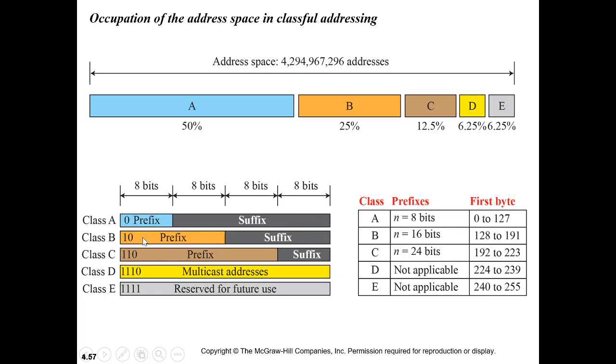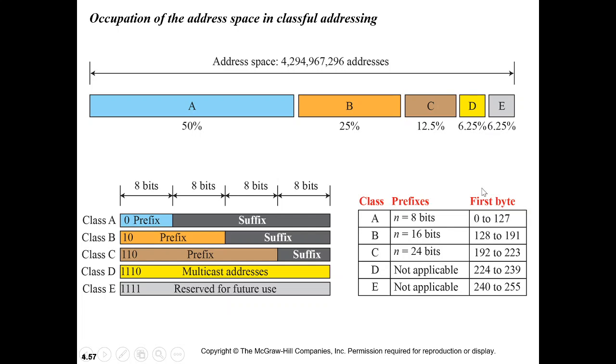In class B, 2 bytes represent the prefix and 2 bytes represent the suffix. In class C, 3 bytes represent the prefix and 1 byte represents the suffix. For class D and E there are no prefix and suffix. Class D is used for multicast addresses and class E is reserved for future use.